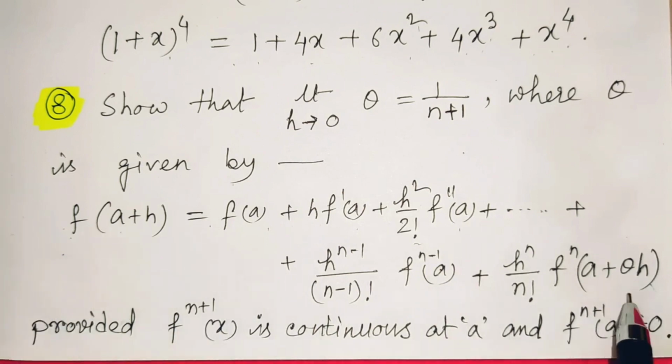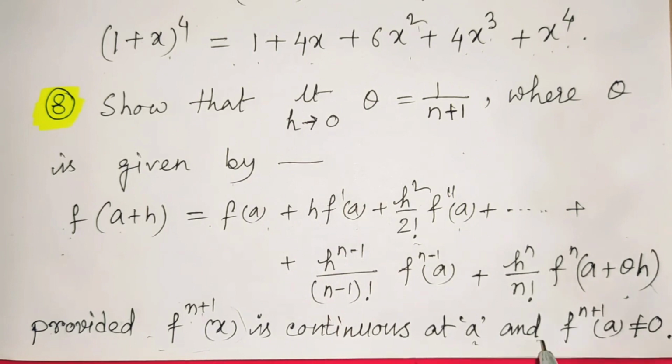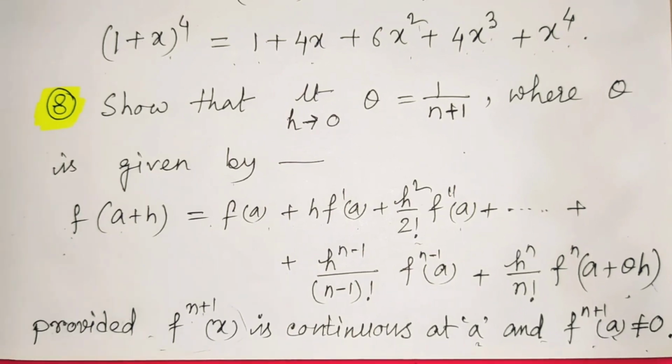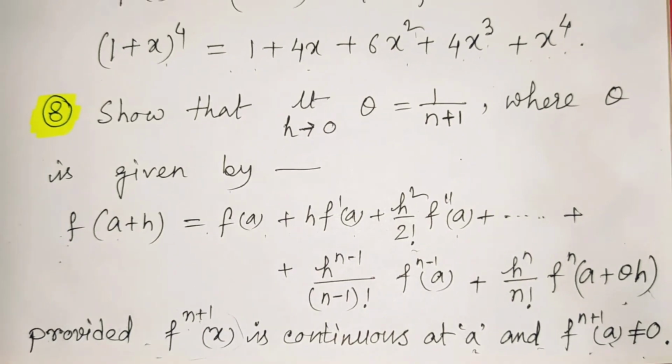The expression is nothing but Taylor's theorem, provided the n plus 1th order derivative of f is continuous at the point a, and this n plus 1th order derivative at the point a is not equal to 0. This last question may give you some trouble, but the first 7 questions are so simple, and I am very hopeful that you can solve all of them.